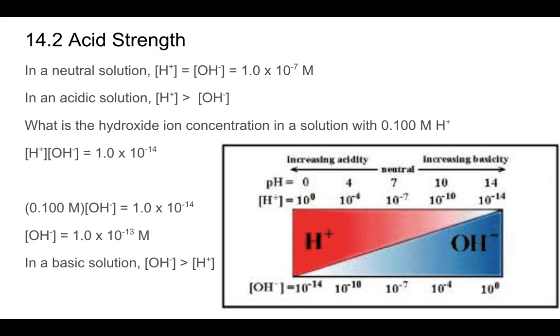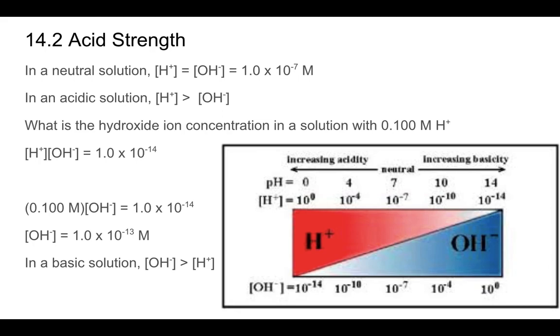If we put a base in, if we made a basic solution, then your OH minus concentration would be greater than your H plus. And this can be many powers of 10, greater or less than. So the H plus and OH minus's molarities can vary by many, many orders of magnitude or powers of 10. This little diagram shows that when you have a lot of H plus, you have very little OH minus, and when you have a lot of OH minus, you have very little H plus.